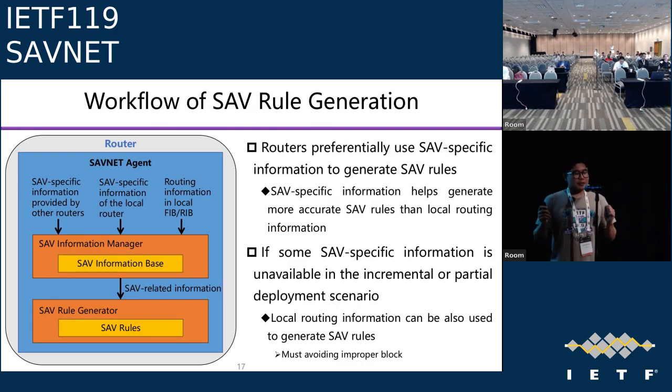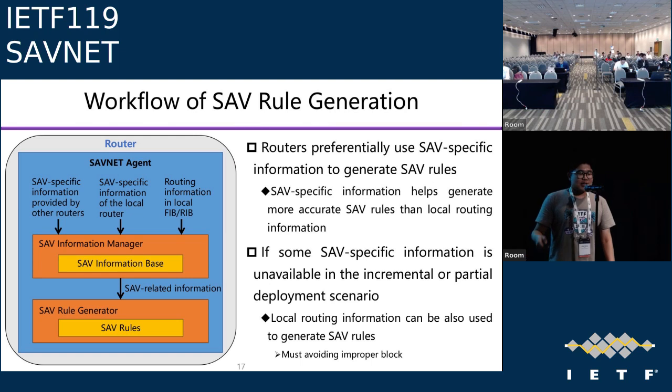We also update this figure to show the workflow of SAV rule generation for different kinds of routers. In this figure, the SAV agent in an intra-domain SAVNET router can use SAV-specific information provided by other routers, SAV-specific information of the local router, and routing information in its local FIB or RIB to generate SAV rules.